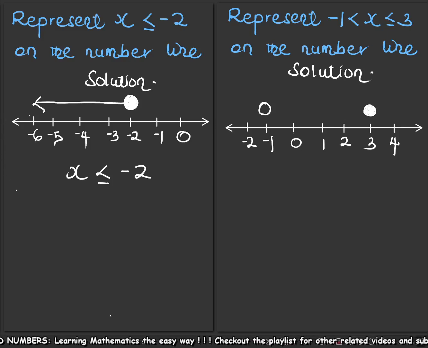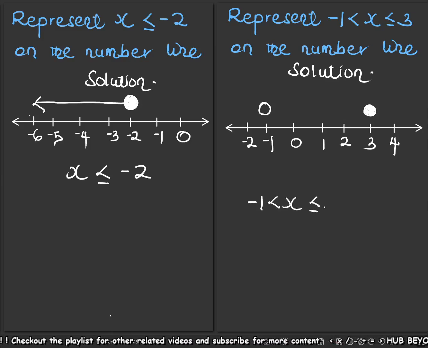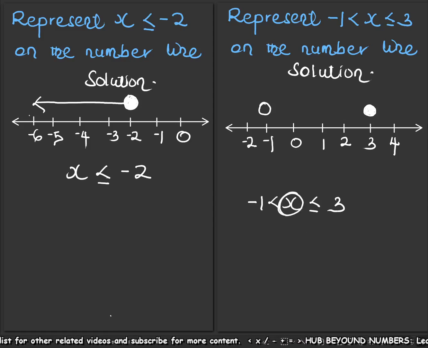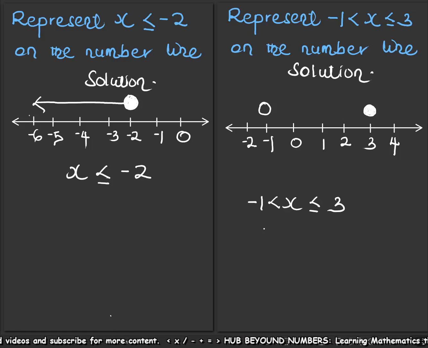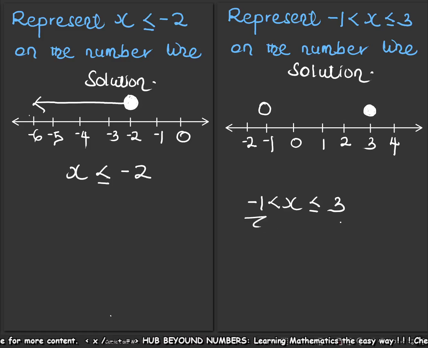Now, where does our arrow point towards? If you read this inequality carefully, it means that the x value we want should be in between -1 and then 3, because these here are the boundaries, right?